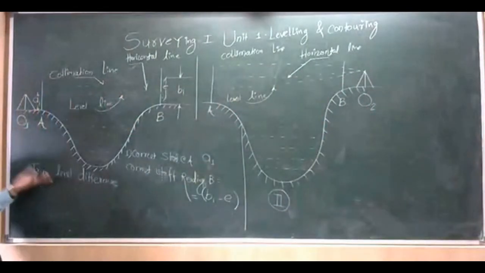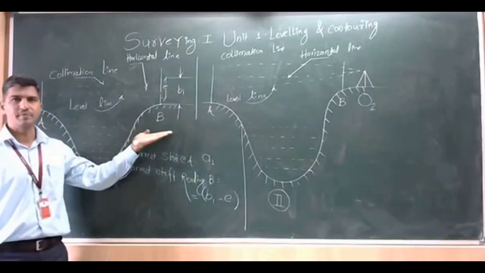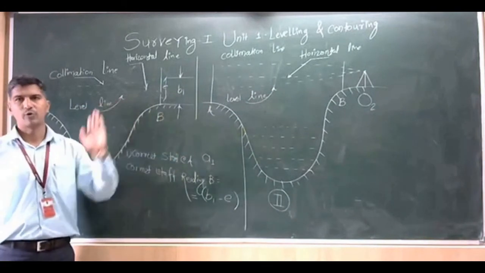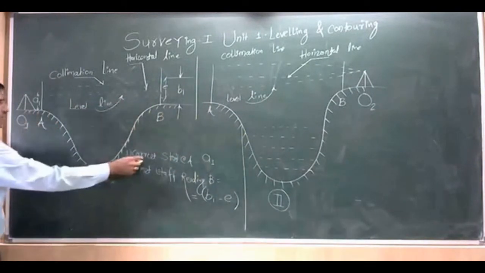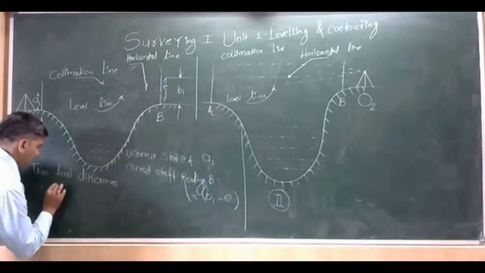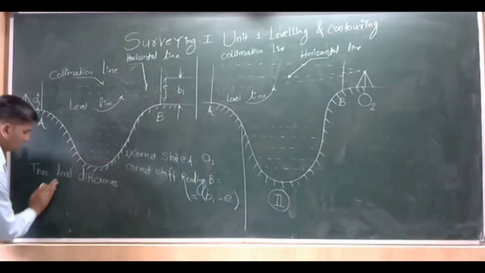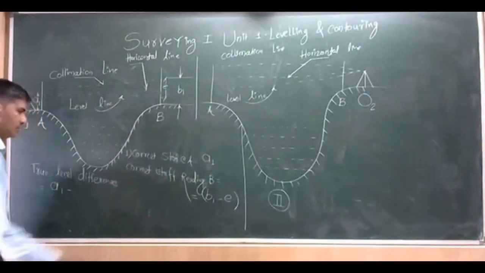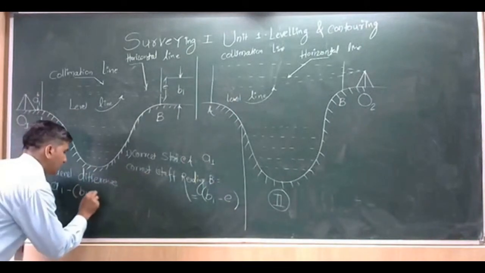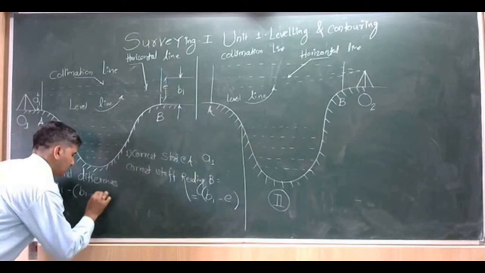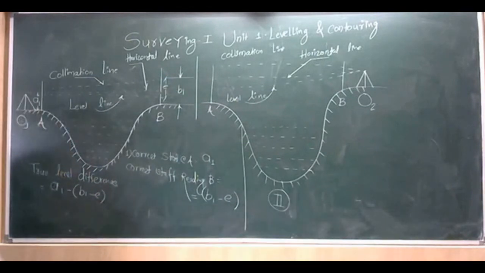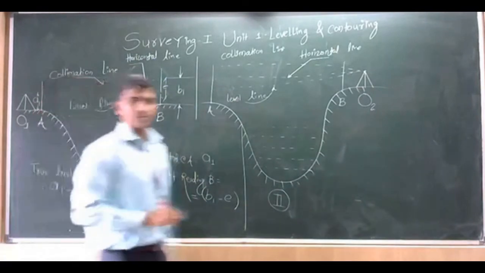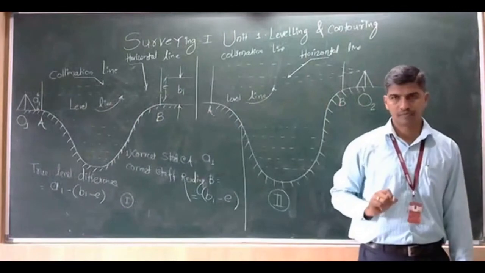The difference will be the staff reading at A minus staff reading at B. So the correct staff reading at A is a1, minus the correct staff reading at B, which is B1 minus E. This is equation number 1.